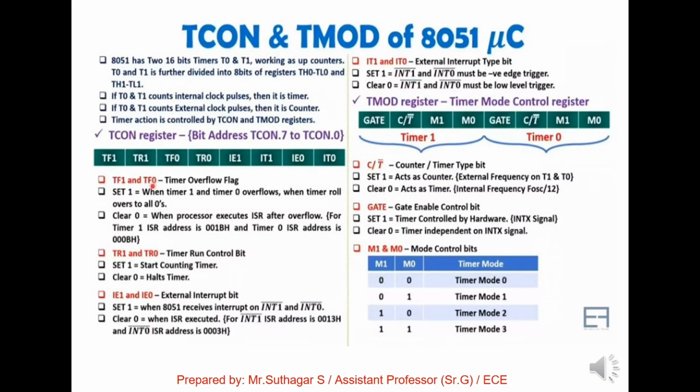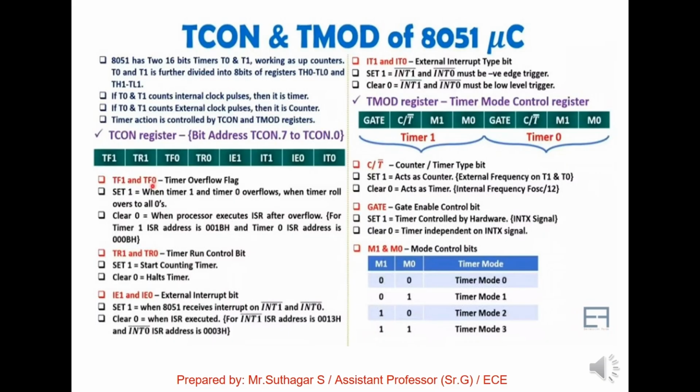Your next register is the TCON register. It is bit addressable. It has TCON.0 to TCON.7, and here TF1 and TF0 are the timer overflow flags. This flag is set to 1 when the timer overflows, that is, when it rolls over to all 0s, and it is cleared to 0 when the processor starts executing the ISR after overflow.